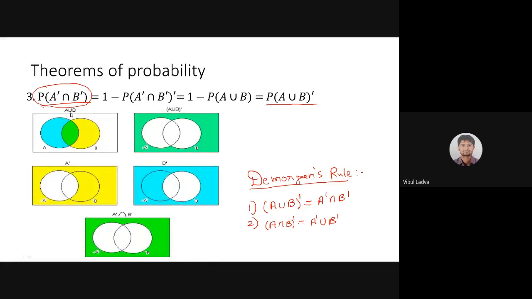Observe this. In the first Venn diagram, the shaded region is A union B. In the second diagram, the shaded region is just A dash. In this Venn diagram, the shaded portion represents B dash, the complement of B, and the intersection of A dash and B dash will be this. From this Venn diagram, you can easily identify the complement of A union B will be this.